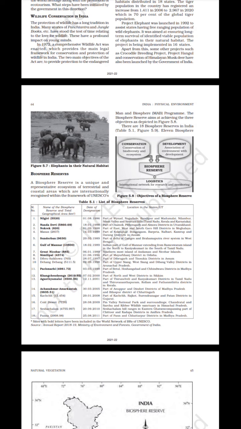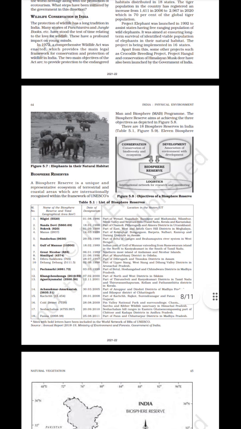Panna, 2998.98, 25/8/2011, part of Panna and Chhatarpur districts in Madhya Pradesh. Sites with bold letters have been included in the World Network of BRs of UNESCO. Source: Annual Report 2013-14, Ministry of Environment and Forests, Government of India.